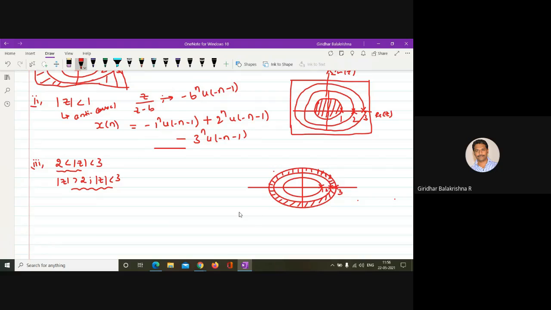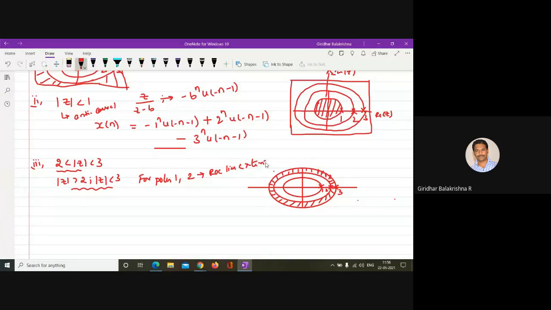Now tell me, for poles 1 and 2 where does the ROC lie? Outside, sir. Outside means exterior.